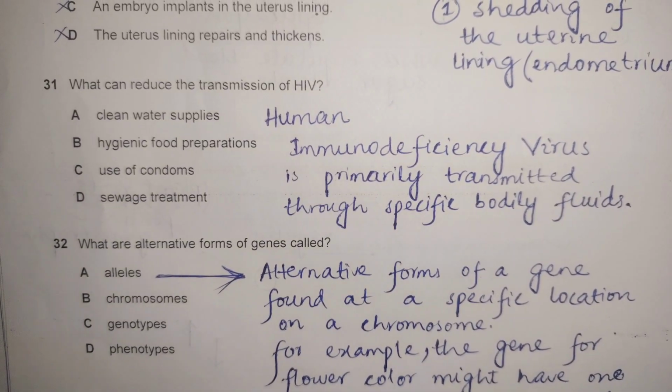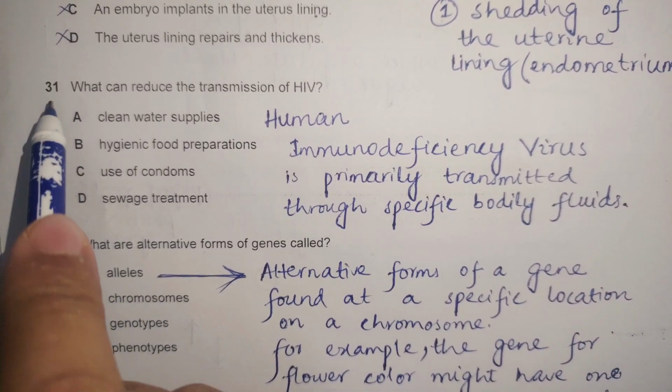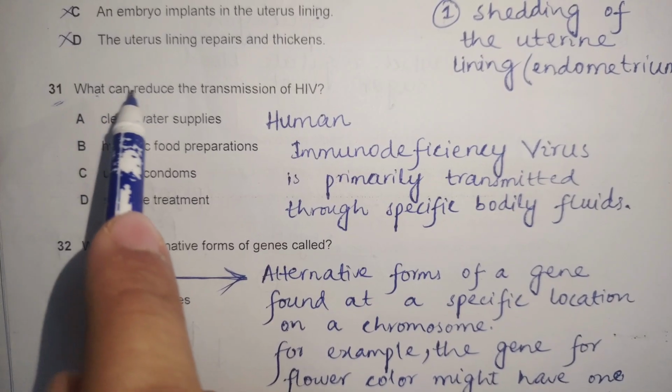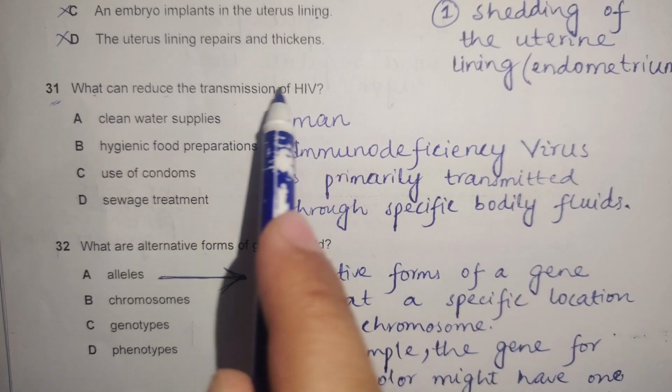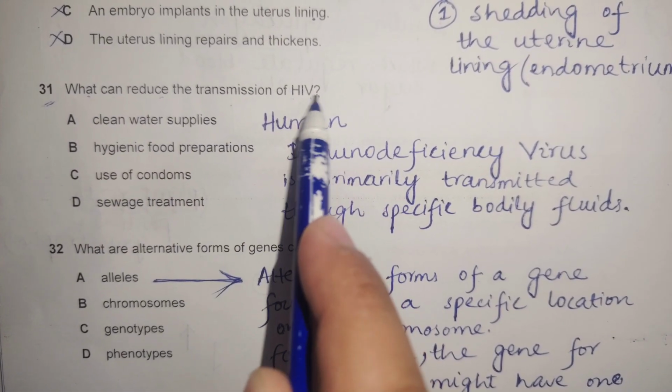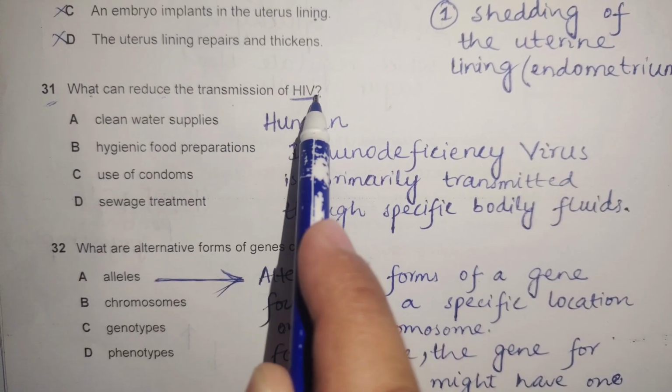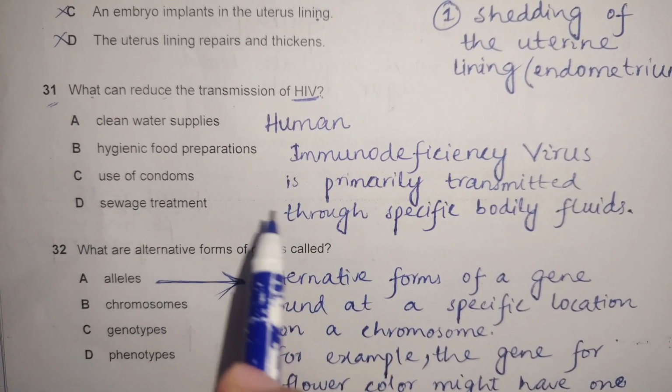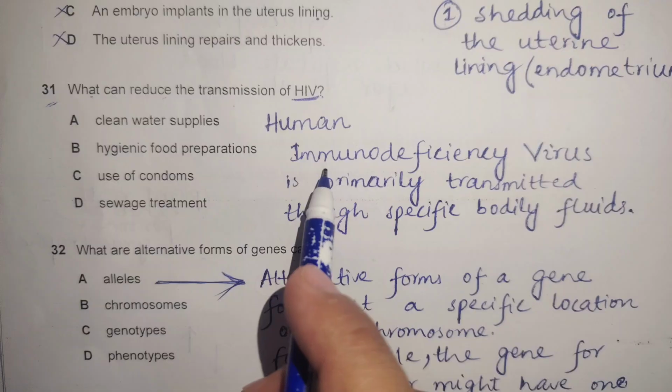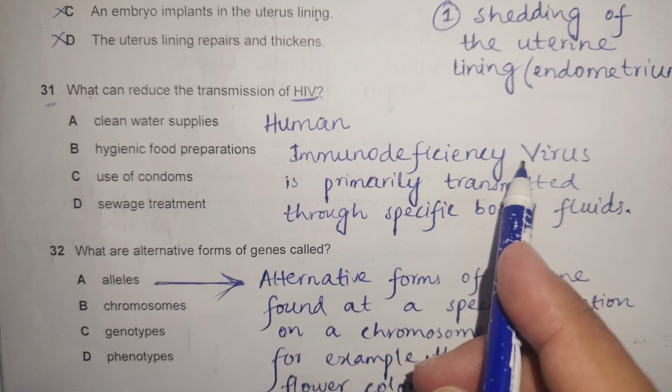We have question 31. Question 31 says, what can reduce the transmission of HIV? What is HIV? HIV is human immunodeficiency virus.